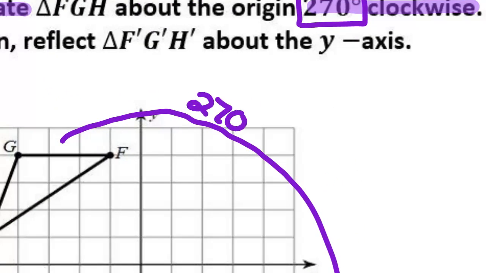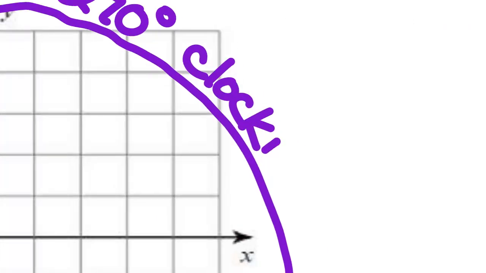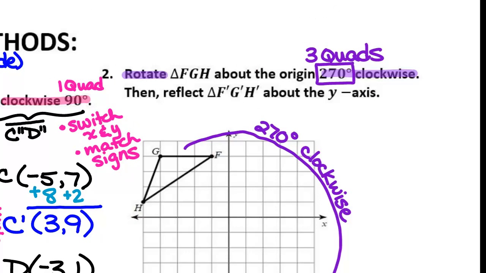That's 270 degrees clockwise. Remember, if you need a reminder on which direction is clockwise, you can always look up at my clock above the door. All of the hands move in a clockwise direction. So the second hand moves the fastest. You can look at the second hand, and that will show you what a clockwise direction is.